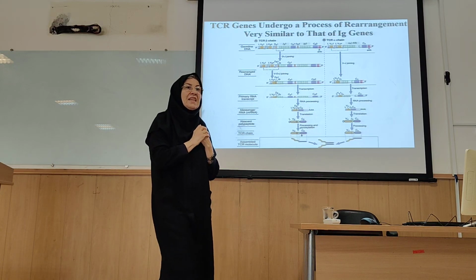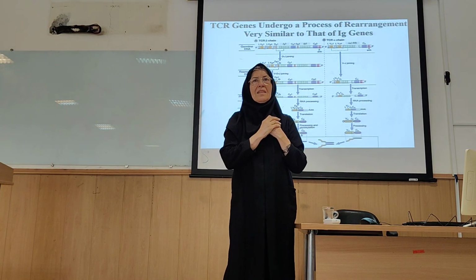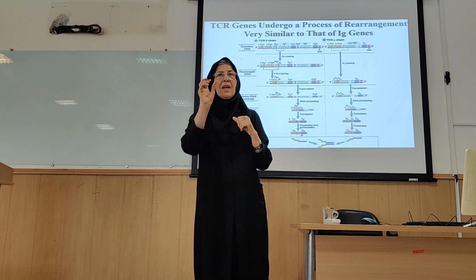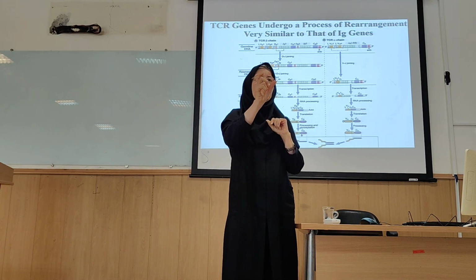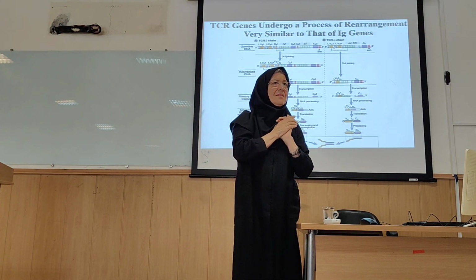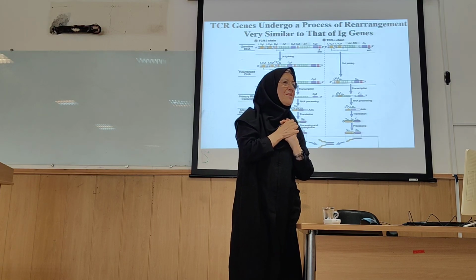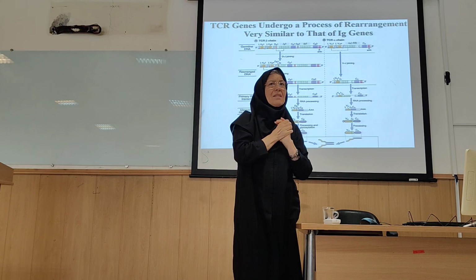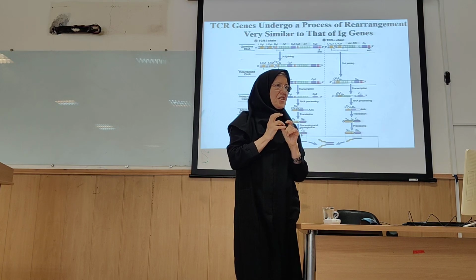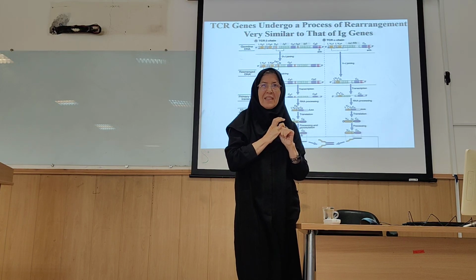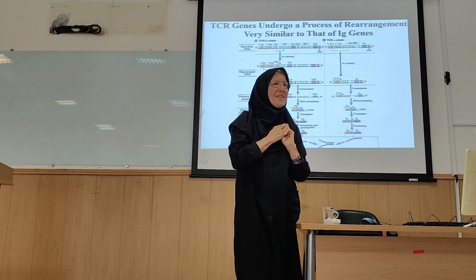And the segments of the genes that rearrange in the variable region? In the heavy chain, how many segments are there in the heavy chain gene? Segments D, J, and V.